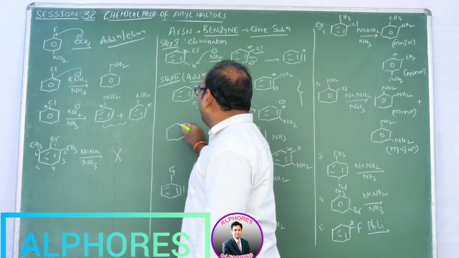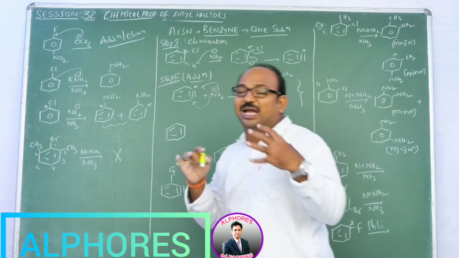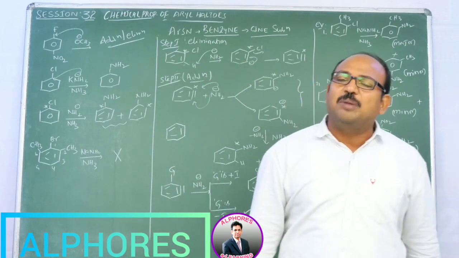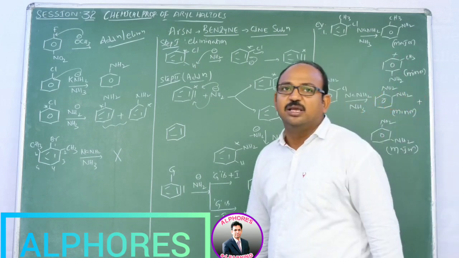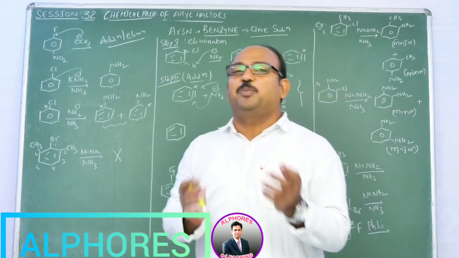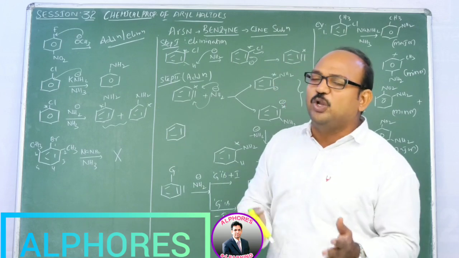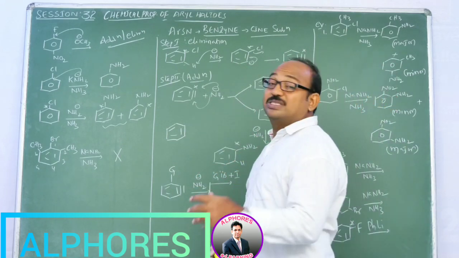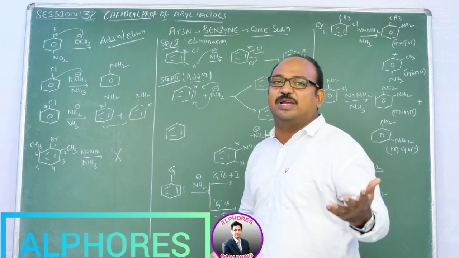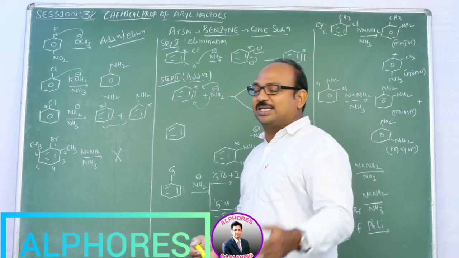In general, pi bonds are formed because of pure p orbitals overlapping laterally, or sidewise. Because of sidewise overlapping, pi bond formation takes place.